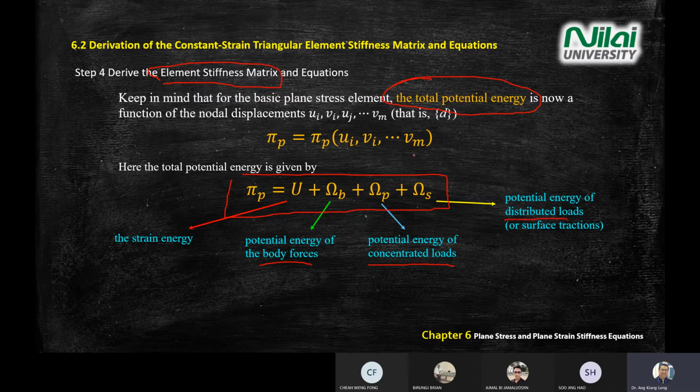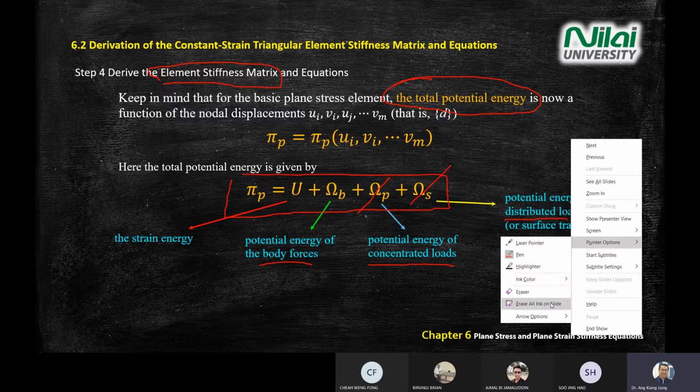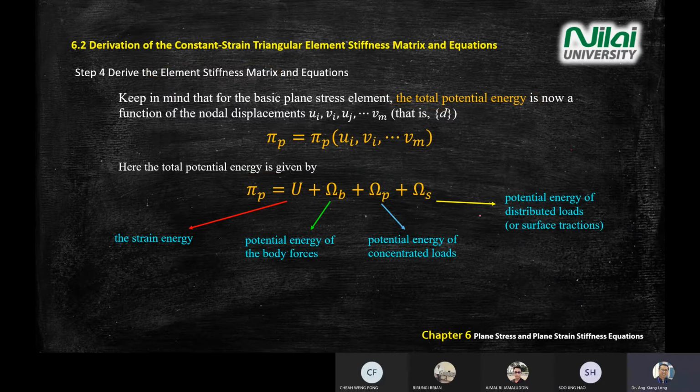If the system doesn't have distributed load, you just close this one. If the system doesn't have concentrated load, you just close this one. Then you only calculate the strain energy and body forces. So it's quite a simple concept for today. In later slides, you'll see a lengthy equation, but it will revolve around this equation, right?